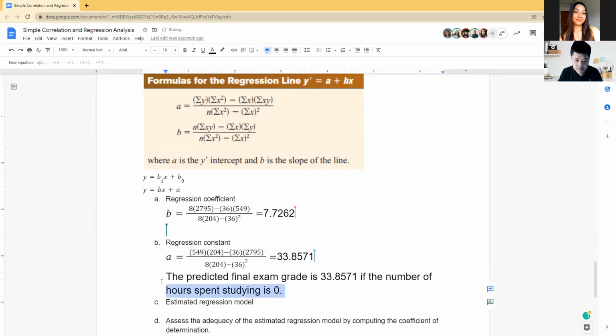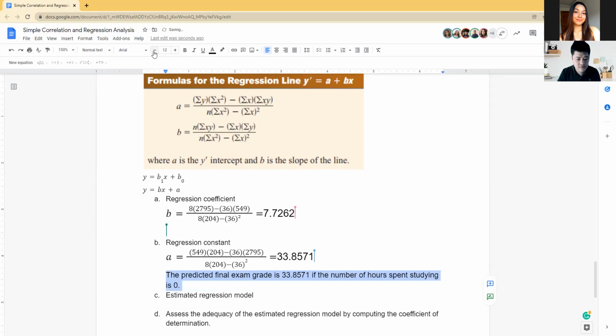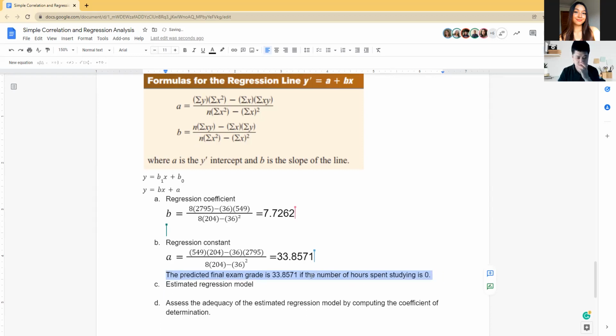Or you can write this in other ways. So if you did not study, you're part of the population, then you can expect to have a score of 33.857 on the average.